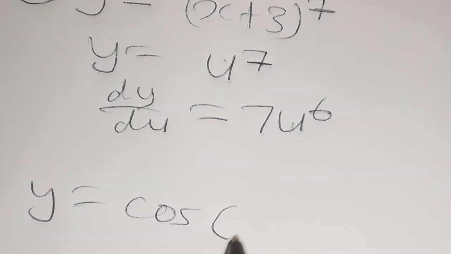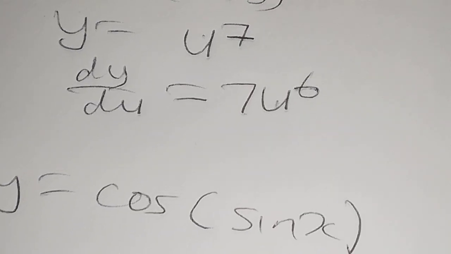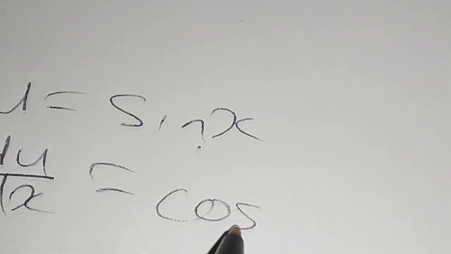Let's move to our b. Our b is y is equal to cos (sin x). As simple as that, our u will be equal to sin x. Then the differentiation of u, du over dx, if you differentiate this function, you're going to have cos x.